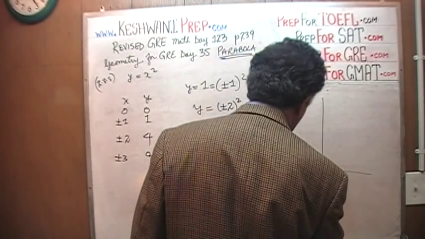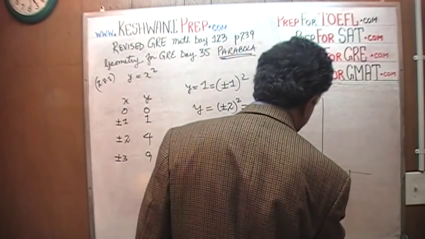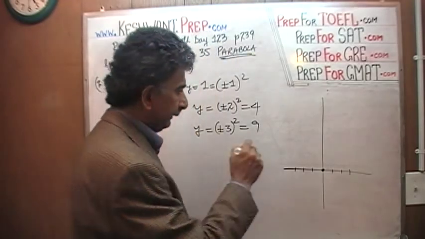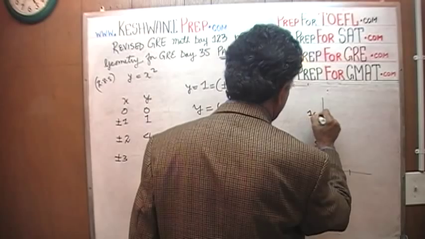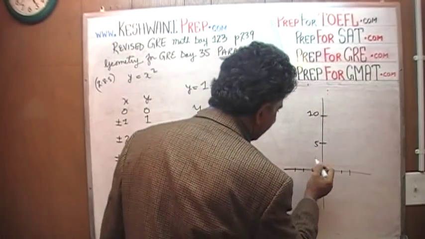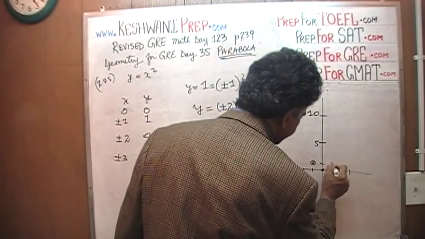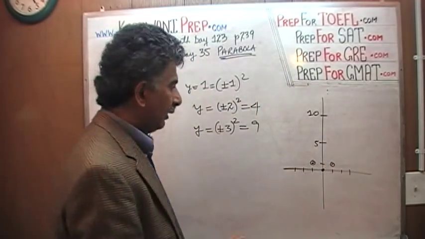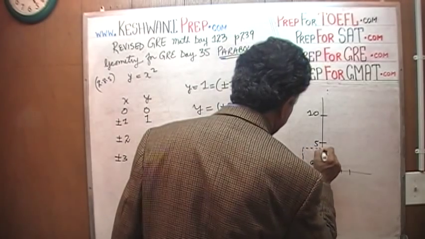So here's your 1, 2, 3. When x is 0, y is 0. Let's put 5 here and a 10 here. When x is 1, y is 1, somewhere here. When x is 2, y is 4, somewhere here.